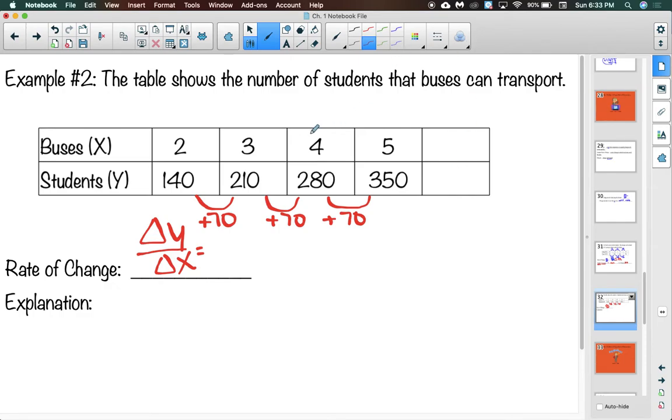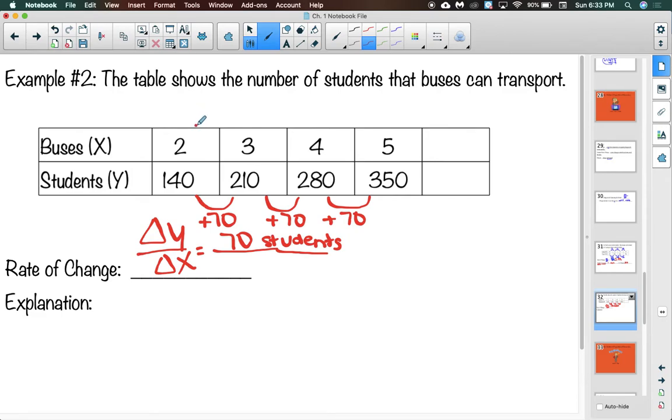Okay, let's take a look at our rate here. So our delta y number is 70, and our units are students. So 70 students is our delta y number.